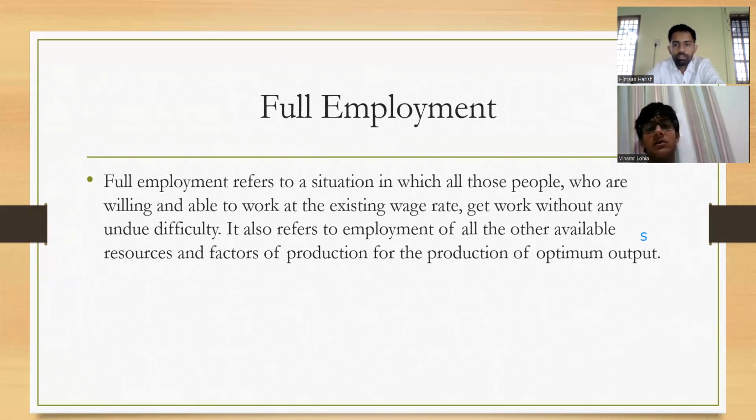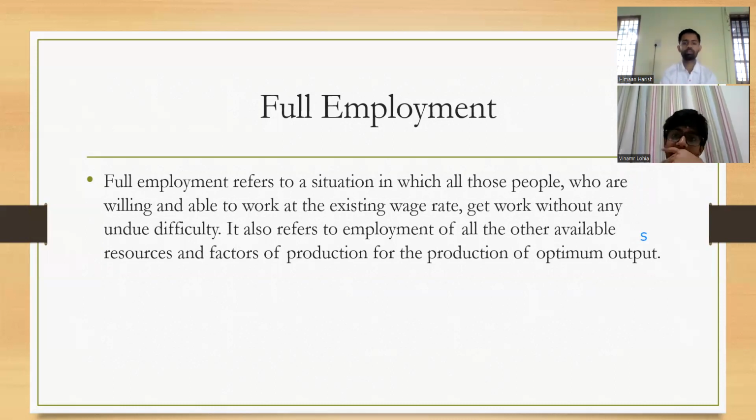We'll do the full employment definition first. Full employment refers to a situation in which all those people who are willing and able to work at the existing wage rate get work without any undue difficulty. It also refers to employment of all the available resources and factors of production for the production of optimum output.